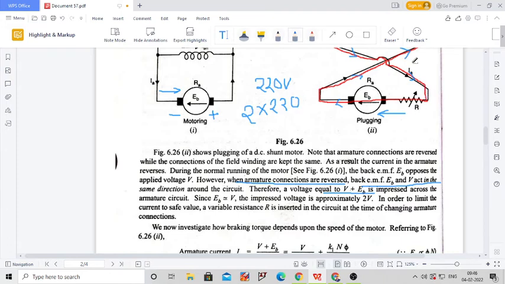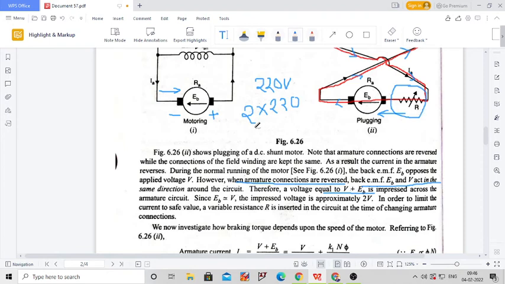So in order to limit this current during braking, we have to connect one resistor in series with armature, so that the current is limited to the predetermined safe value. Whatever the safe current is, the current can be limited up to that value by using this resistor.